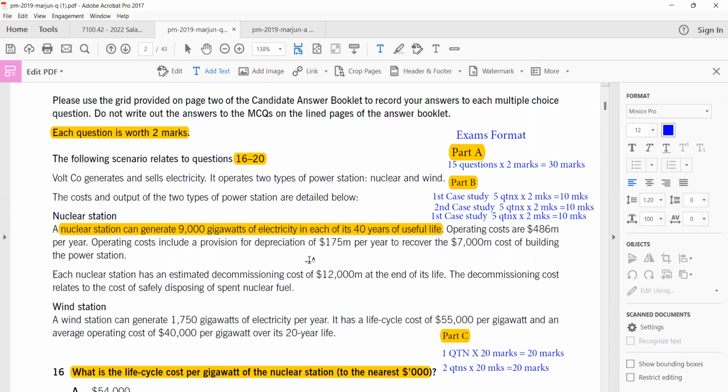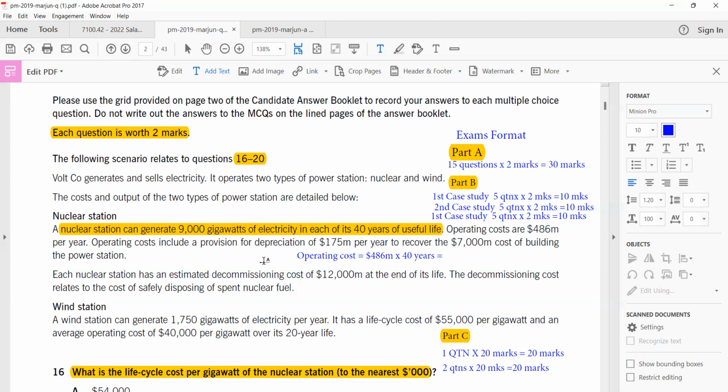If every year is 486, and the examiner is saying that we have 40 years, then the operating cost, because per year means every year, becomes $486 million times 40 years. You give me that answer when you multiply.